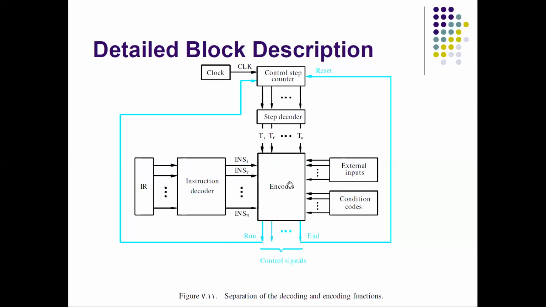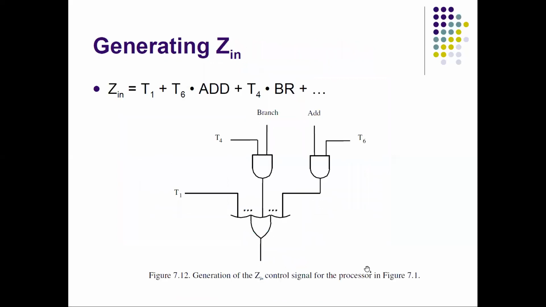This is being controlled by some external inputs or condition codes. So based on some condition codes, the encoder selects a particular time or an instruction which is to be encoded. The control step counter uses this step decoder for decoding these timing signals. This is being controlled by a clock.